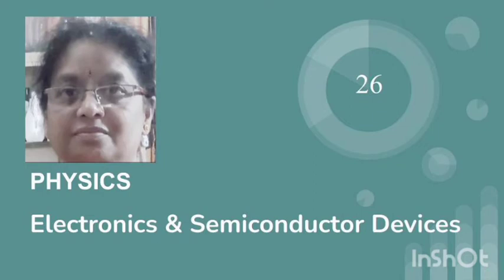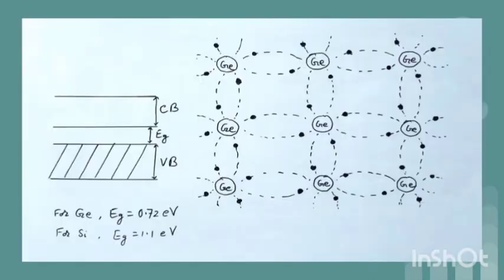There are two elements which are semiconductors, silicon and germanium, both from group 4 in periodic table. All group 3,5 compounds and various other compounds are semiconductors. For silicon, energy gap is 1.1 electron volt, and that for germanium is 0.72 electron volt at 0 Kelvin.